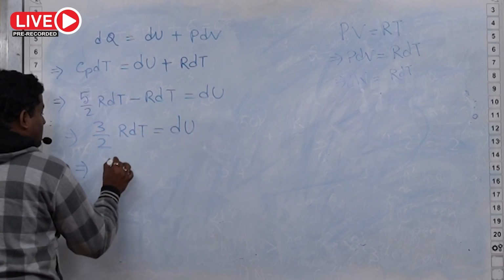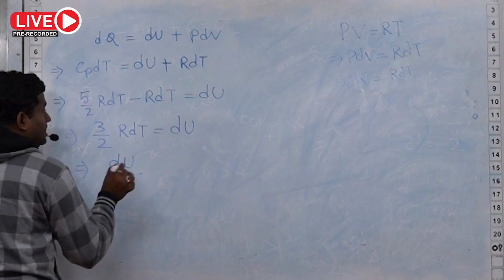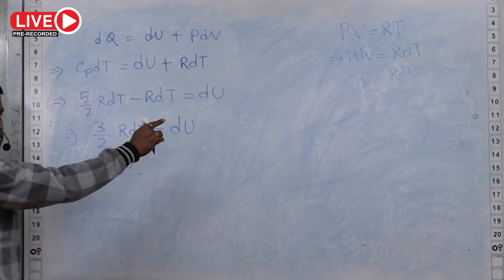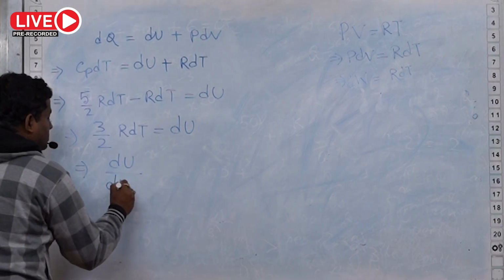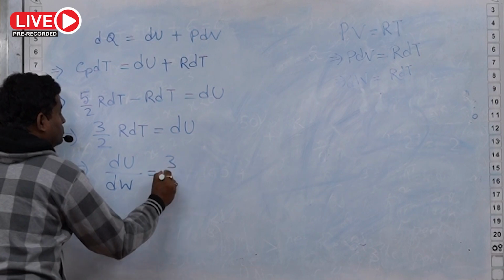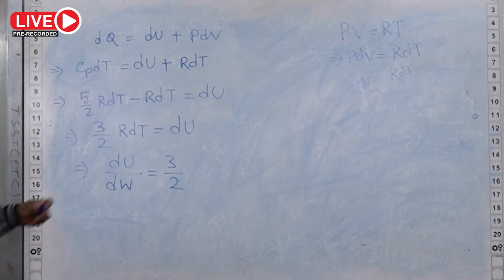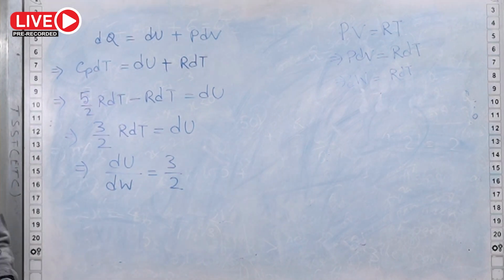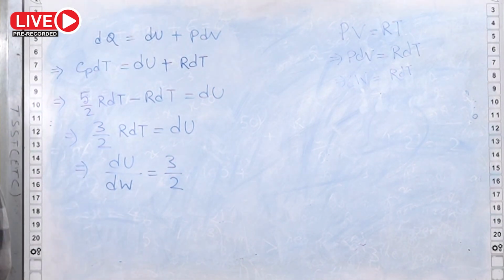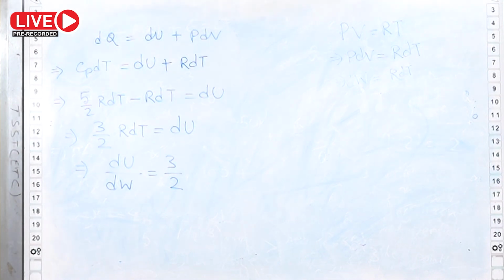So we can write du divided by R dt. But what is R dt? dW. That is equal to 3/2. This is the ratio of internal energy to work done. Because the amount of heat supplied dq is partly divided into internal energy and partly into work done. So their ratio has to be calculated in the problem.